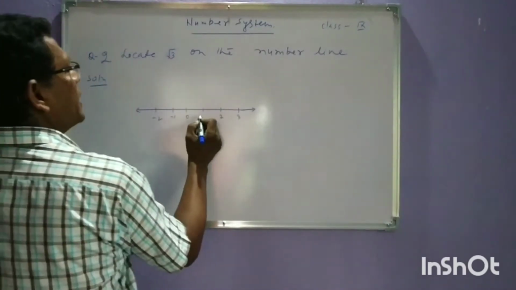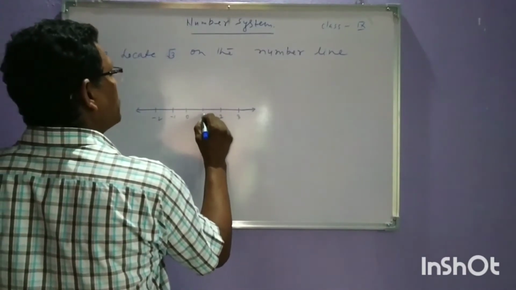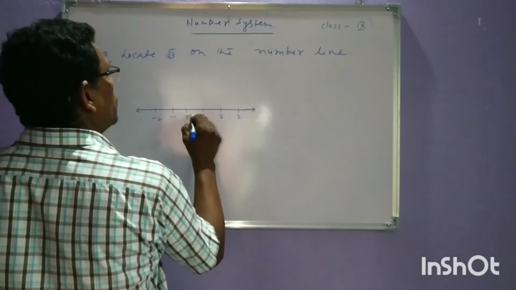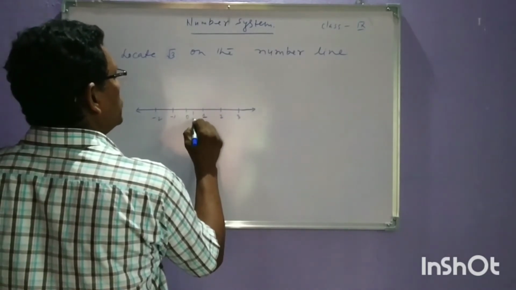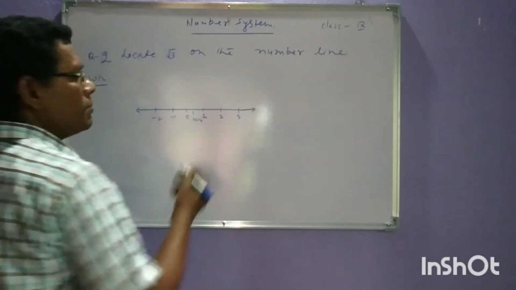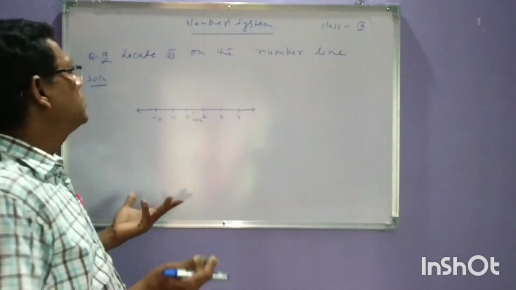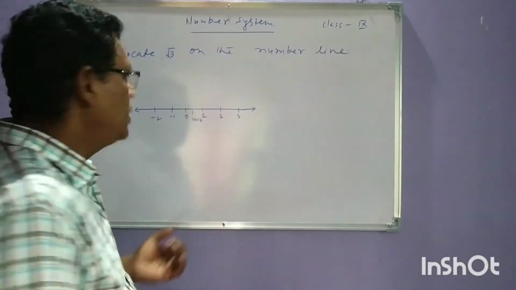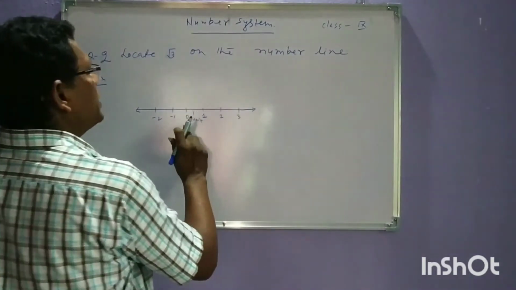So for this we take unit length first. So this is your unit length, 1 unit. Unit means it may be centimeter, inch, whatever it may be. Here I have taken 1 unit means 1 centimeter.